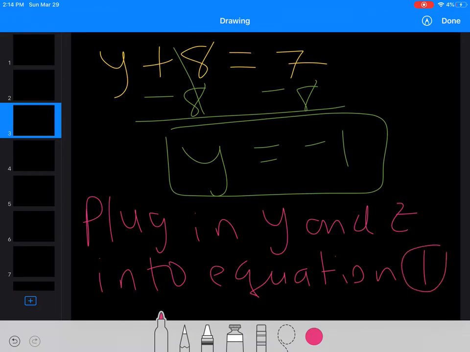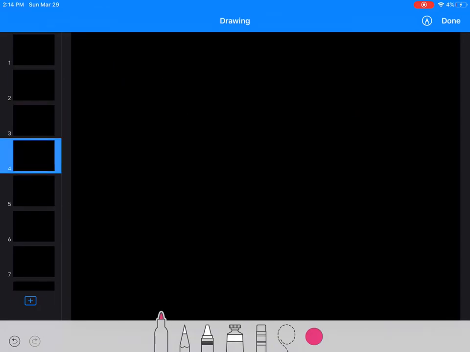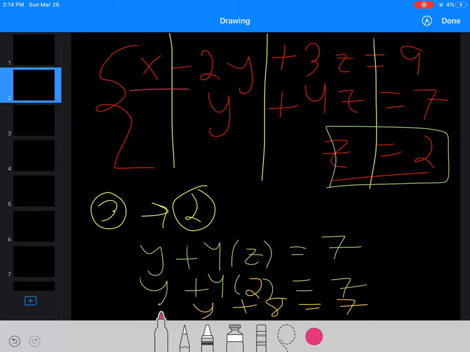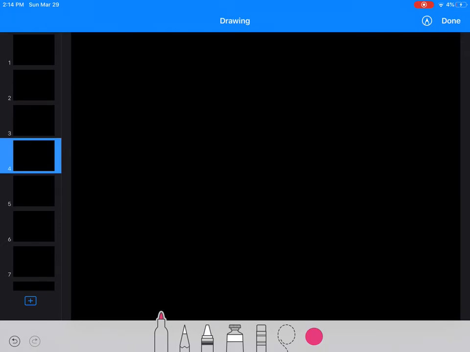That's not too bad. So remember, equation 1 from the beginning was this one up here. It's x minus 2y plus 3z equals 9.